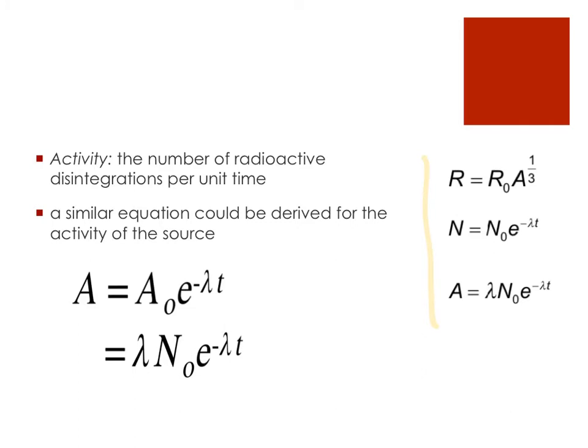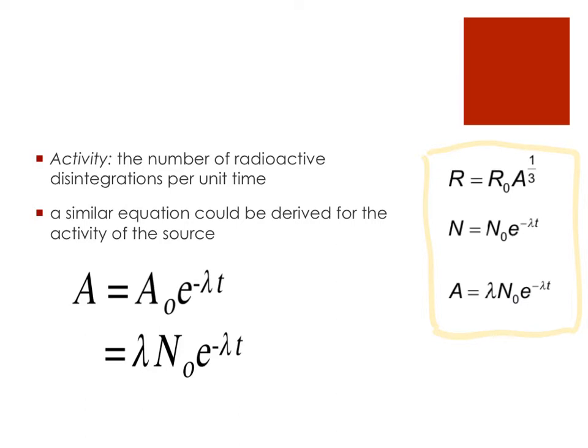Now, this part here is clipped from our data booklet. Anyone who knows me knows I love that data booklet. All the things that are not worth memorizing are in the data booklet. Now we have this letter A. We've talked about the activity being the number of radioactive disintegrations per unit time, and we know that it's proportional to the number of nuclei.